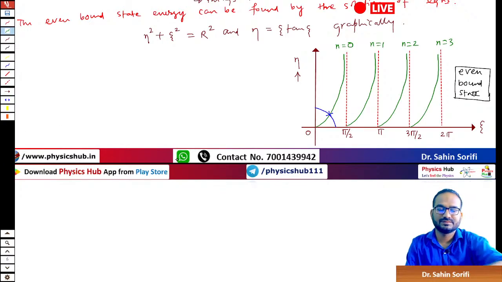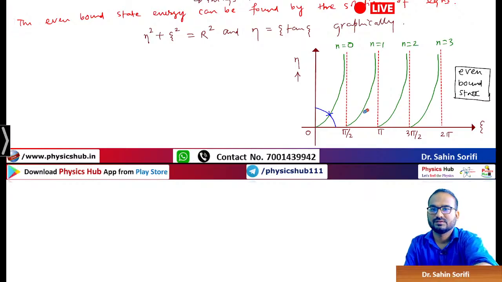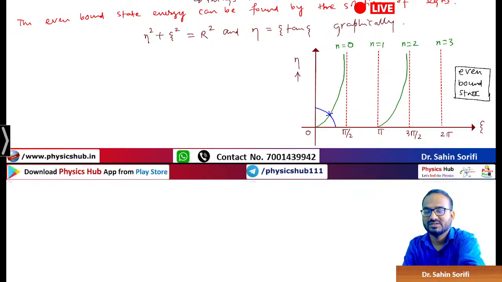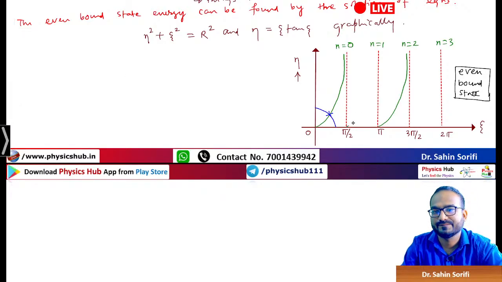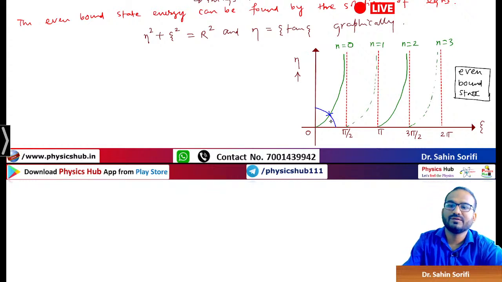So for odd, n equals 1, n equals 3, for the time being we are denoting it by a dotted line, just to differentiate it from the even. So wherever these even lines are getting cut, that will be the solution.